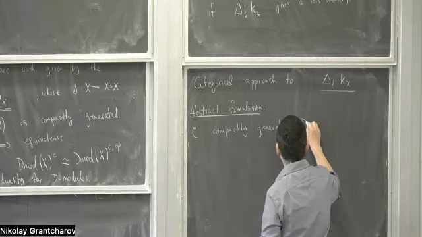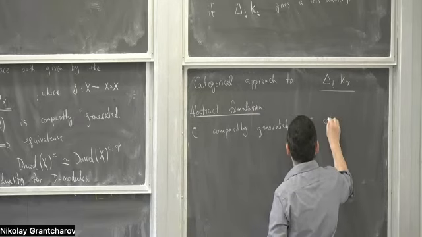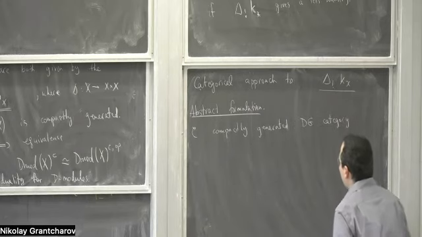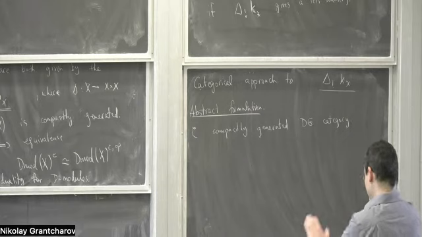So in particular, it is dualizable. I'm going to make use of compact generation. Probably this can be generalized somewhat.